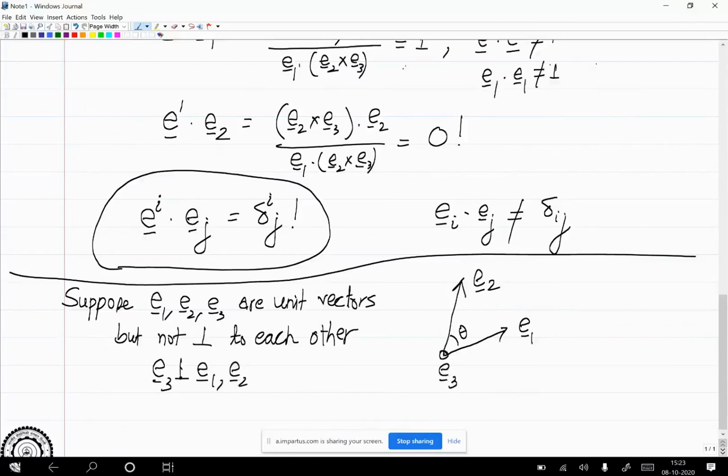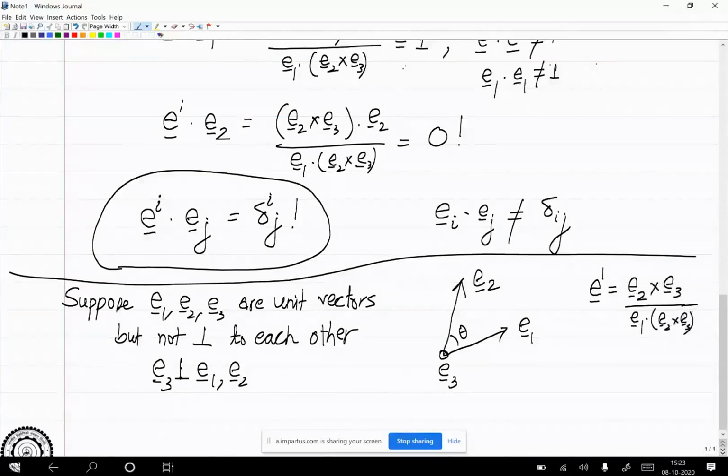Can you think of what will be the dual basis? What will be E super 1? Can you guess? Think of the formula. E super 1 is E2 cross E3 divided by E sub 1 dot E2 cross E3.